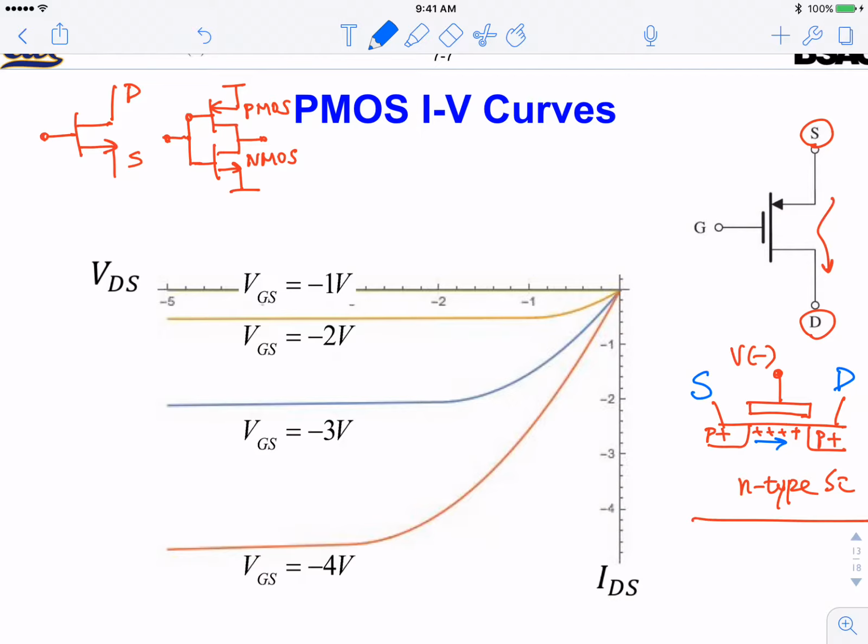Now, if we use our normal symbol for the IV curve, we will have IDS versus VDS. IDS means current flowing from D to S. So that would be the convention for IDS. It's flowing up, so current is flowing down. So the value of the current, if you plot IDS, is negative.